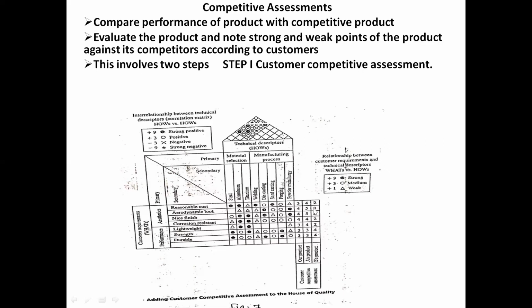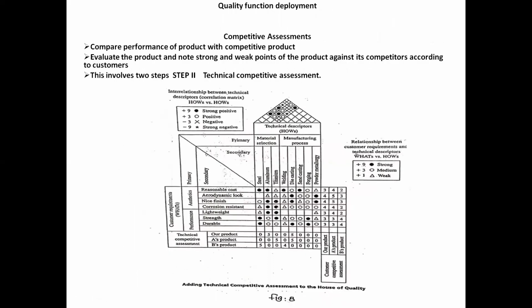First step, what. Second step, how. Third step, what and how. Fourth, how and how. Now we are adding the customer competitive assessment. Then we are adding the technical competitive assessment, another term, for our product, A's product, B's product.